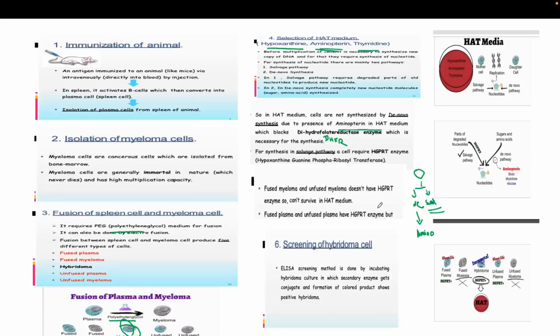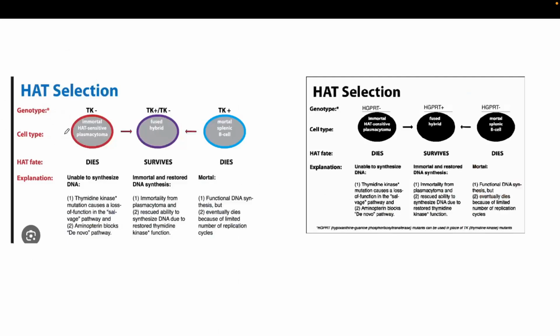What we generally see is that this immortal cancerous cell is engineered in such a way that it does not have the HGPRT enzyme, whereas this antibody producing B cell is positive for HGPRT.